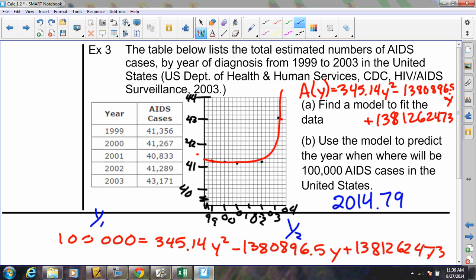So based on the data from 2003, if this is a quadratic model, they're predicting that right about now, because 0.8 is 80% through the year, 80% of 12 months is about 9 months, so pretty much at the end of September, based on this model from 2003, there should be 100,000 people living with AIDS in the United States.